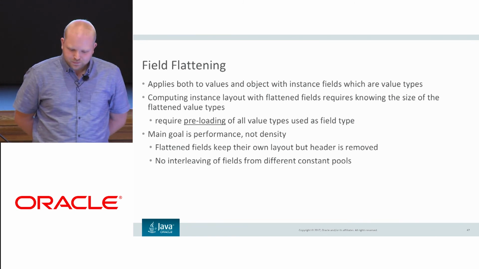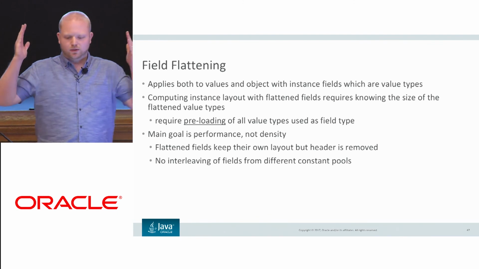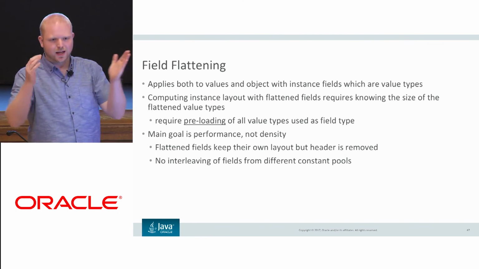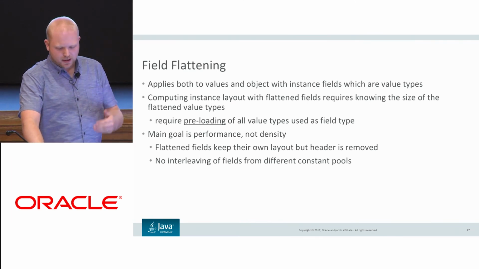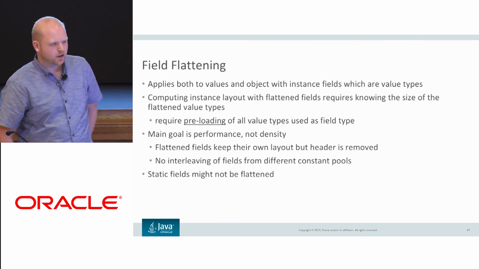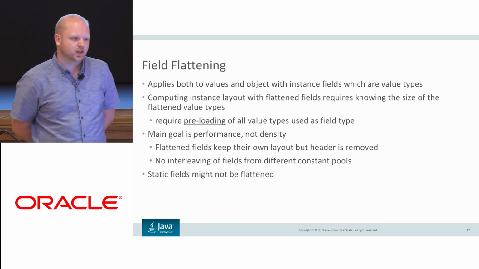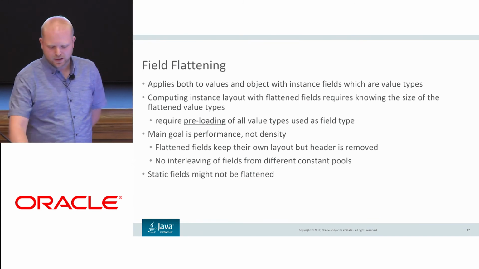So we don't do that. We take the whole value class field layout and drop it right into the rest of the field layout for that object. The static fields are not flattened. That gets too expensive when you try to load a class and it immediately starts loading all those fields. With instance fields, you can delay that a bit.